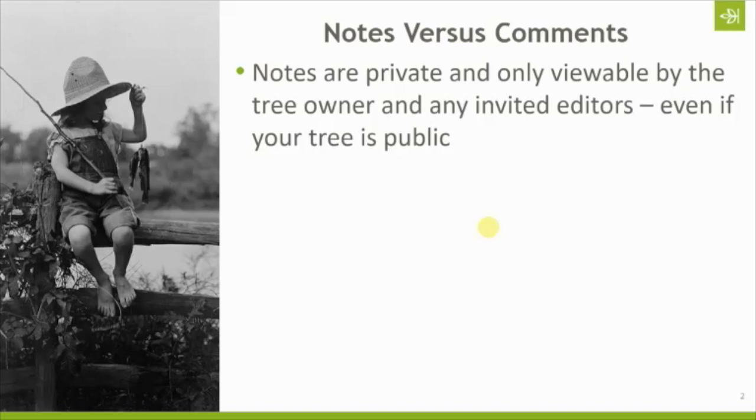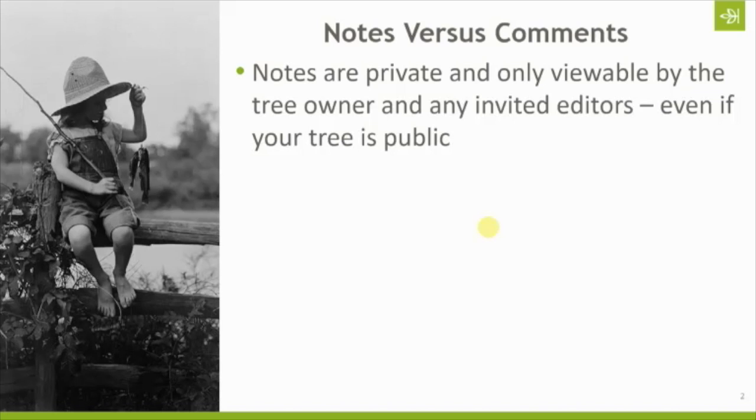Now, anybody who has a tree, public or private, also has the option of inviting anyone who does not currently have an Ancestry subscription to view their tree. They do not have to have a subscription to view a tree if they are invited. And when you invite people to your tree, you have 3 levels of permission.